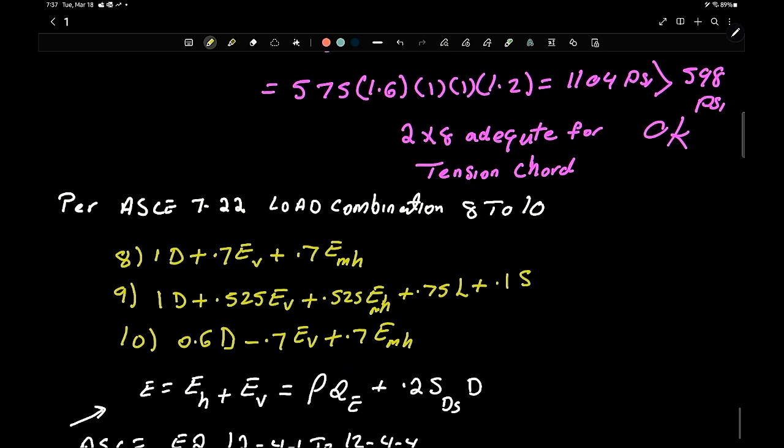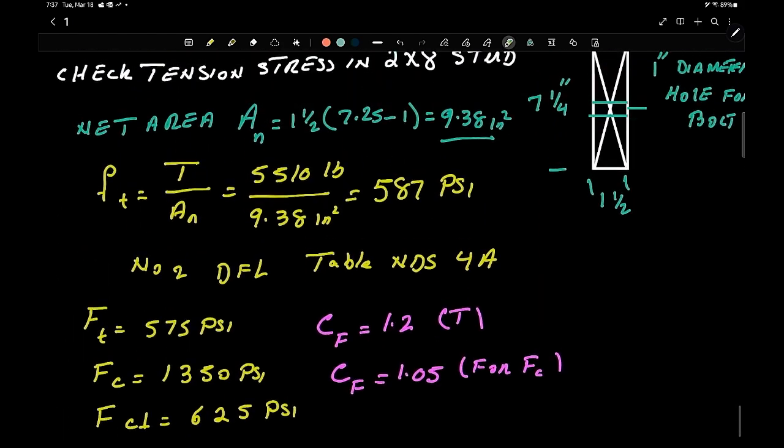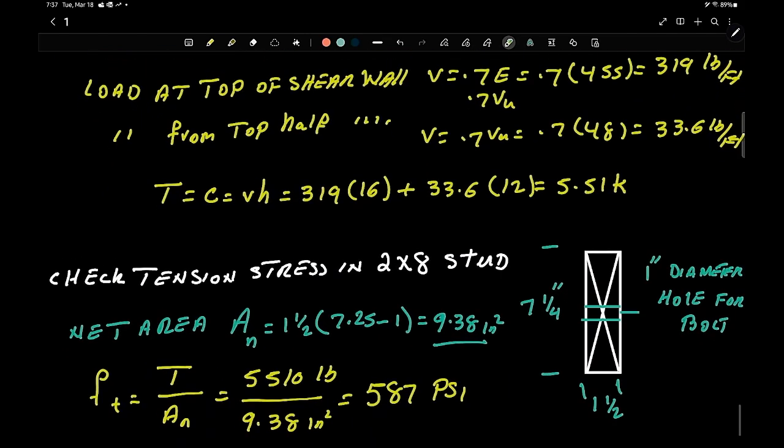Okay, so the 2x8 is adequate for tension cord, and this was just based on this 5.51 kip right here.